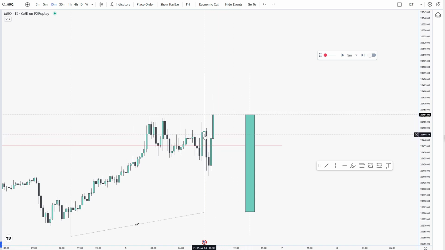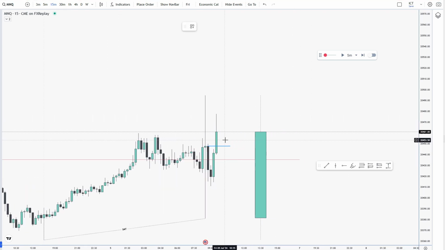So for the long side idea, we have respected the 50% of the NFP wick and we have closed above the series of down close candles, and we do have an SMT divergence with the ES, so I could play the continuation to the upside.